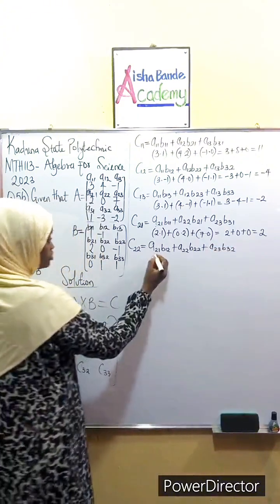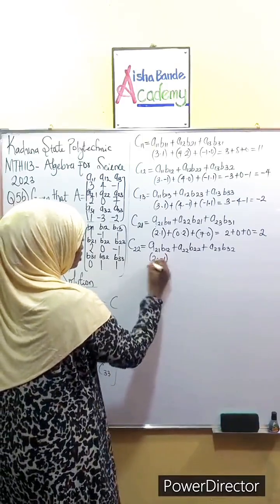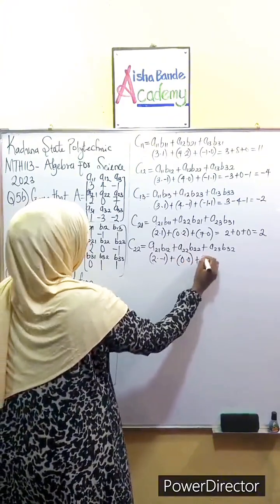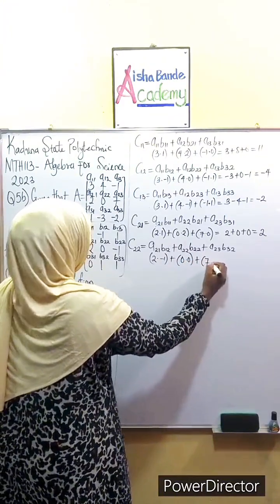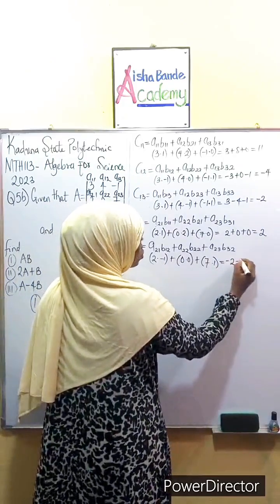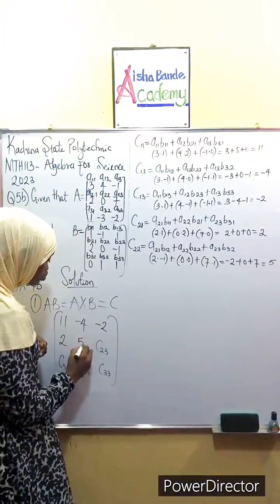Okay, so let's substitute. So this is 2 multiplied by minus 1 plus 0 multiplied by 0 plus 7 multiplied by 1. So this is equal to 2 times minus 1 minus 2 plus 0 then plus 7. So C22 is going to be 5.